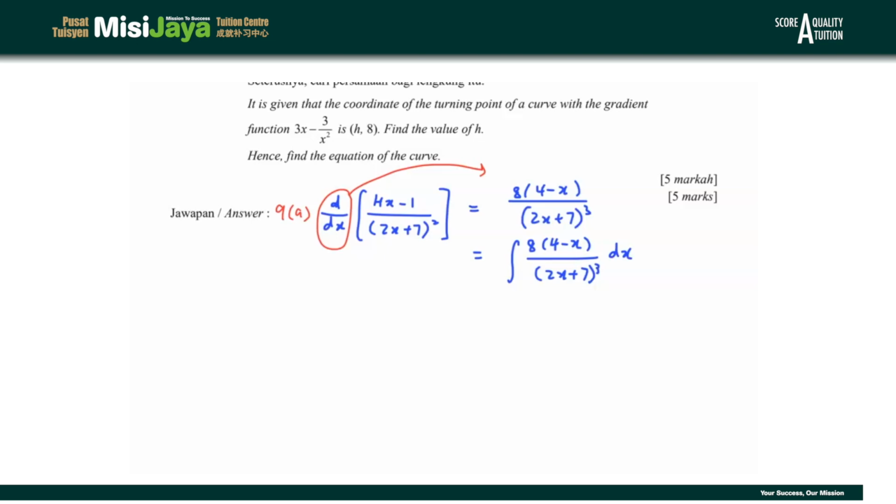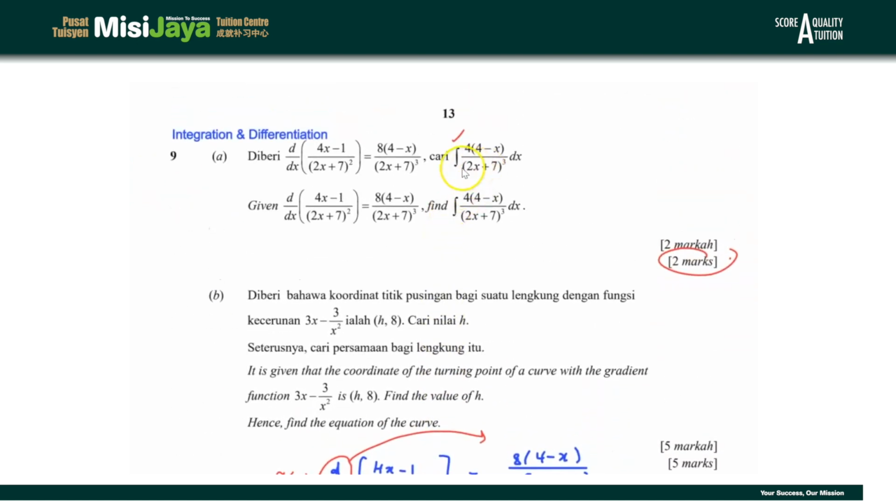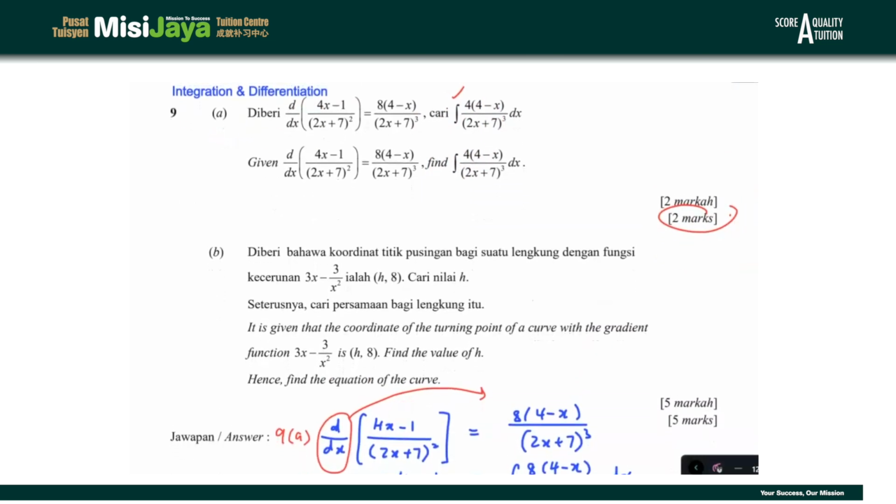So what's left on the left will be 4x minus 1 over 2x plus 7 whole thing square. So let's look back at the question. So they want you to find this. Let's compare this with this.